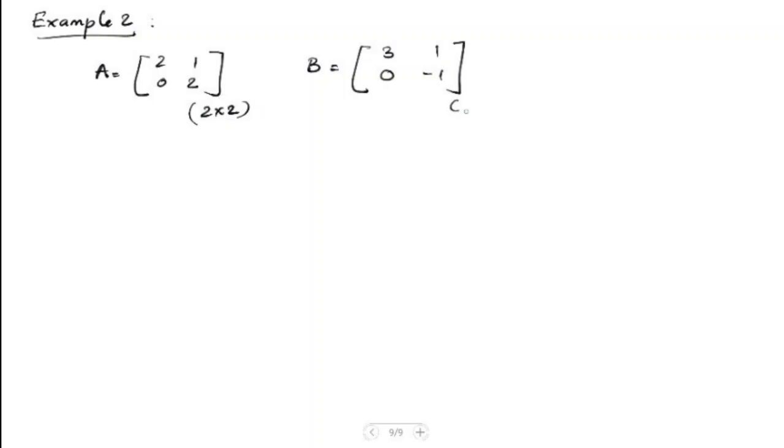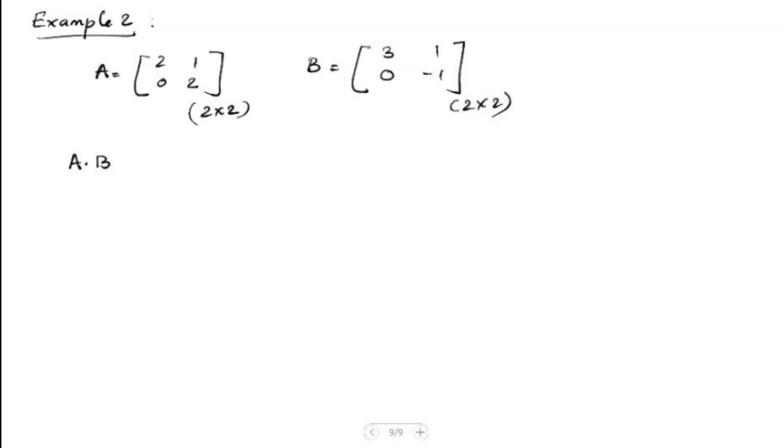You have a 2 by 2 matrix here and a 2 by 2 matrix here, right? So now if you have A times B. In the previous example 1, the difference was in the size of the matrix, and now for example 2 we'll see the difference in the elements.